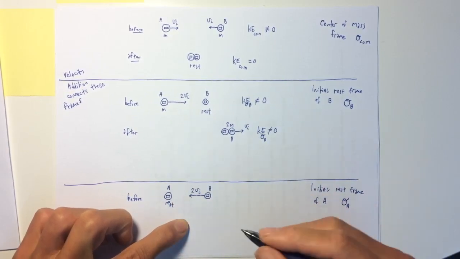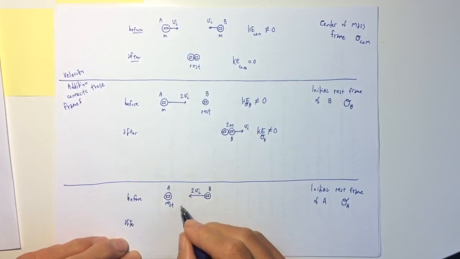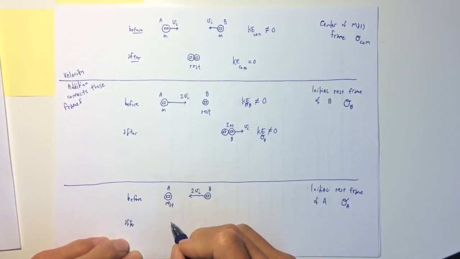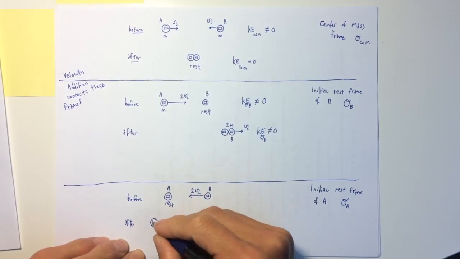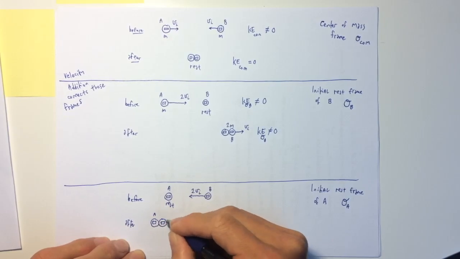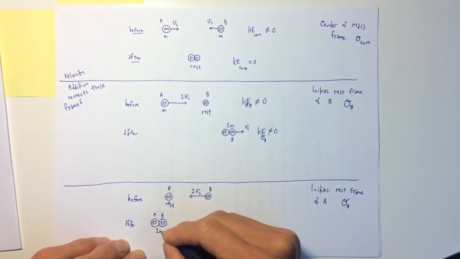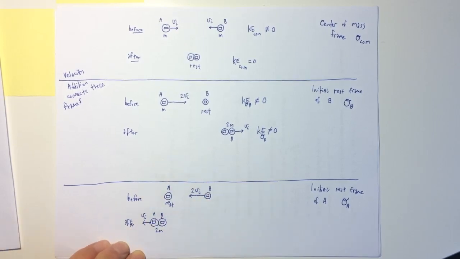And then afterwards, the collision is going to happen right here. So after the collision, they're both over here somewhere. Here is A and B, but they are now a 2m object moving towards the left at speed v sub i.